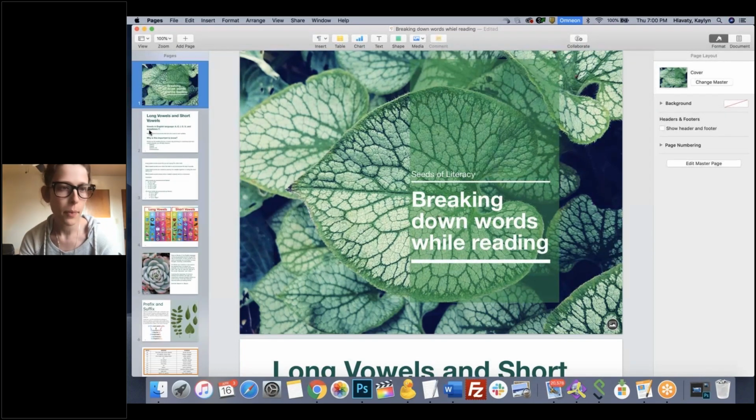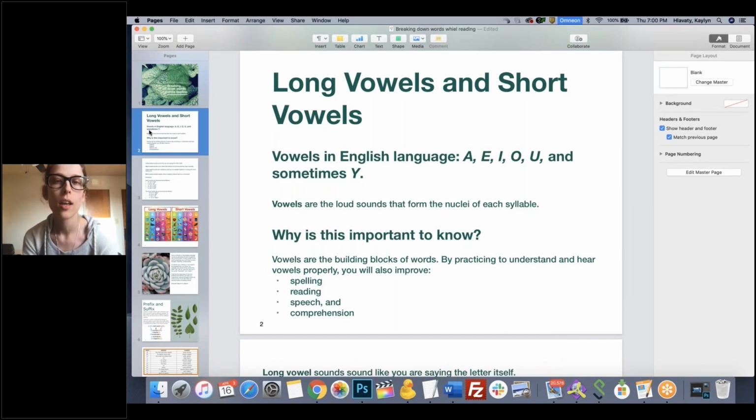So with that being said, we're going to start with a brief overview of long vowels and short vowels. There are 26 letters in the English alphabet. 5 of those are vowels: A, E, I, O, U, and sometimes Y, because it will sometimes sound like the other ones.